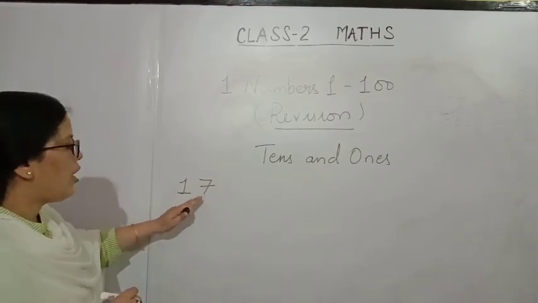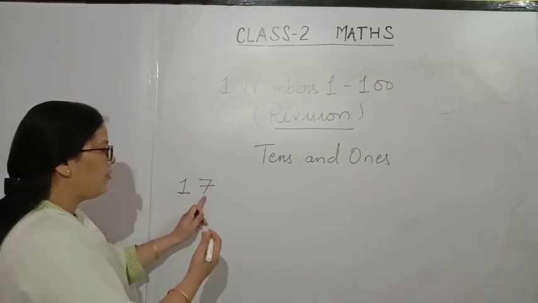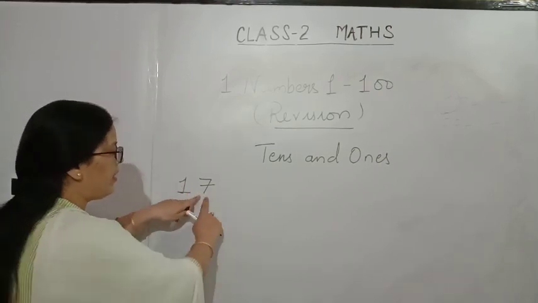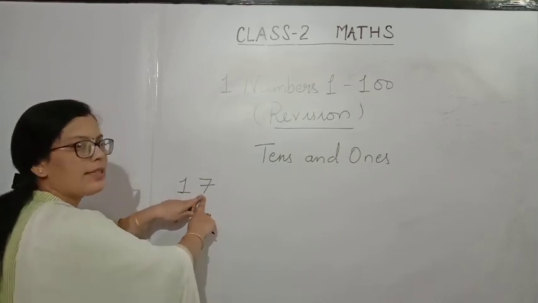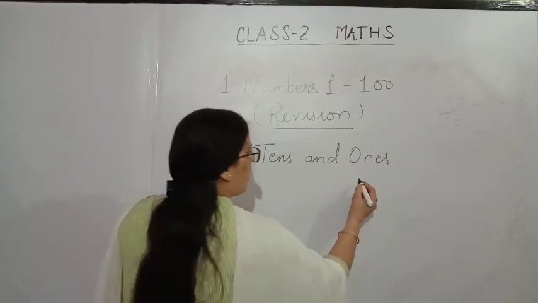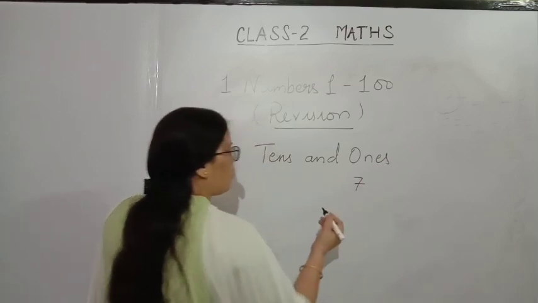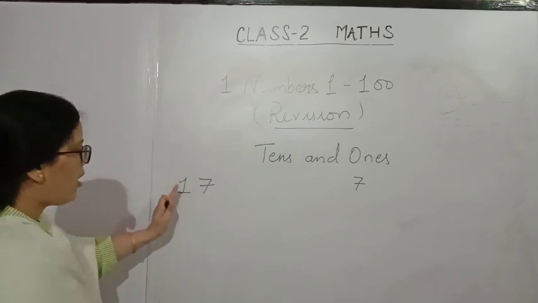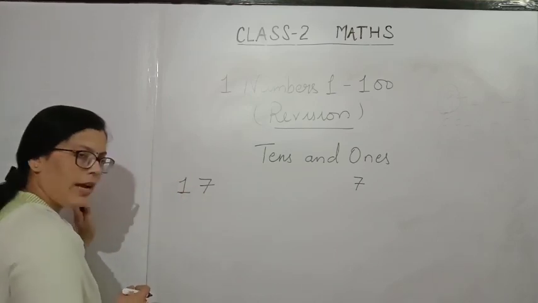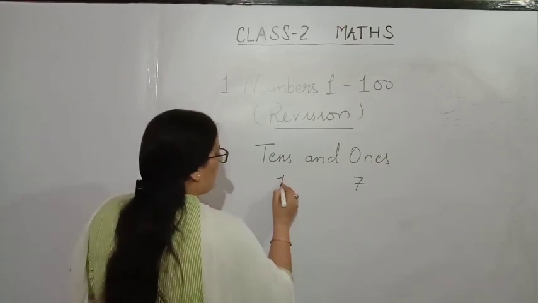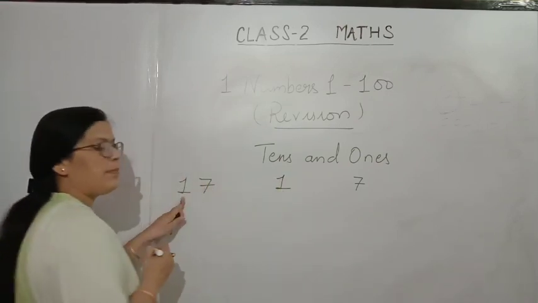Now here, which number is written at the right hand side? It is 7. So this number 7 is at ones place, and the number at the left hand side, that is 1, is at tens place.